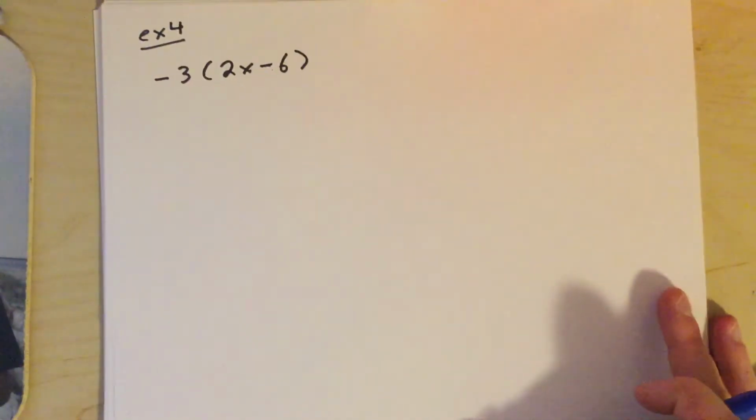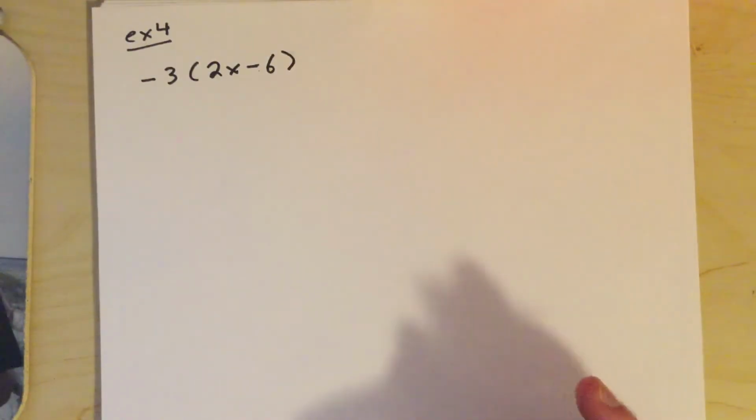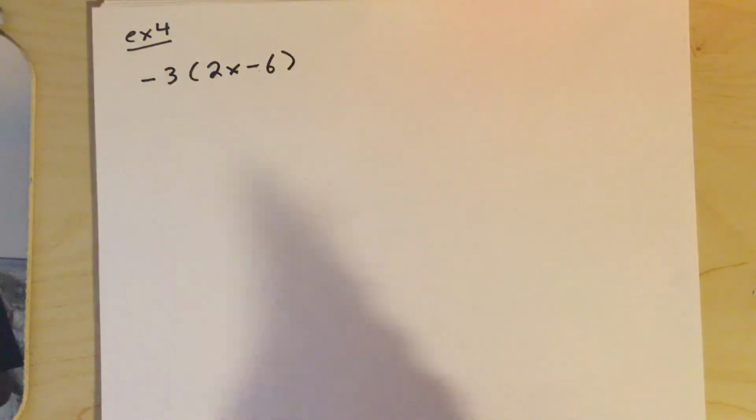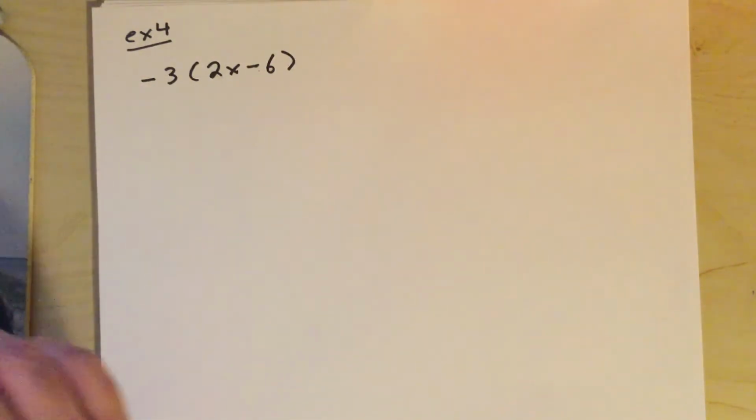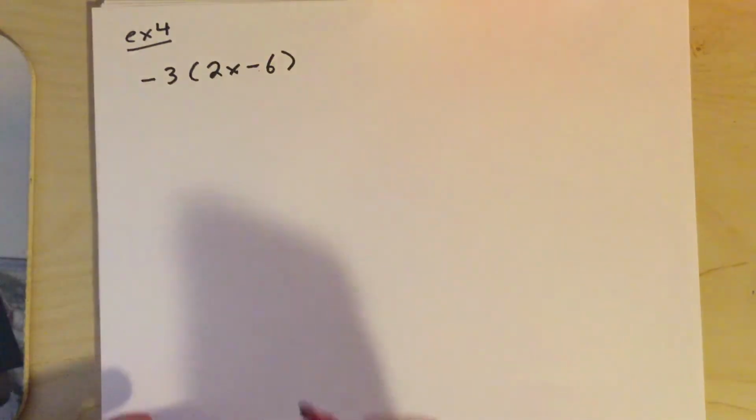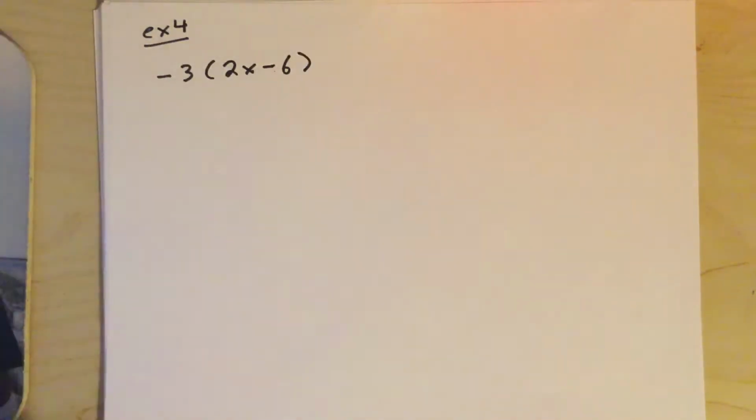I wanted more space for this one. Okay, so we're going to do this in two different ways. The first thing we're going to do is write this out twice.